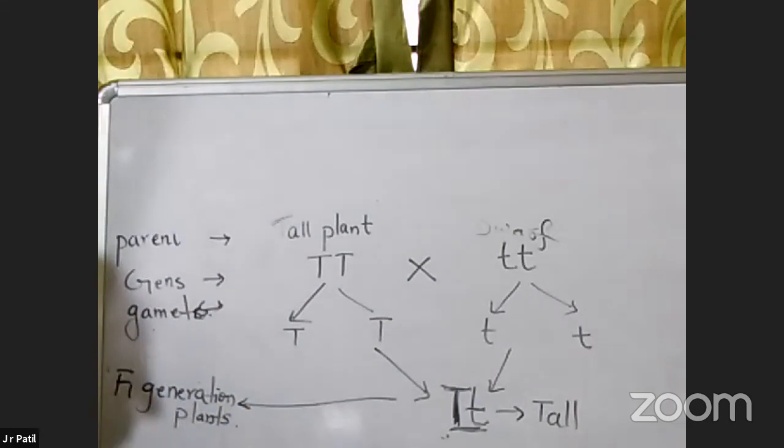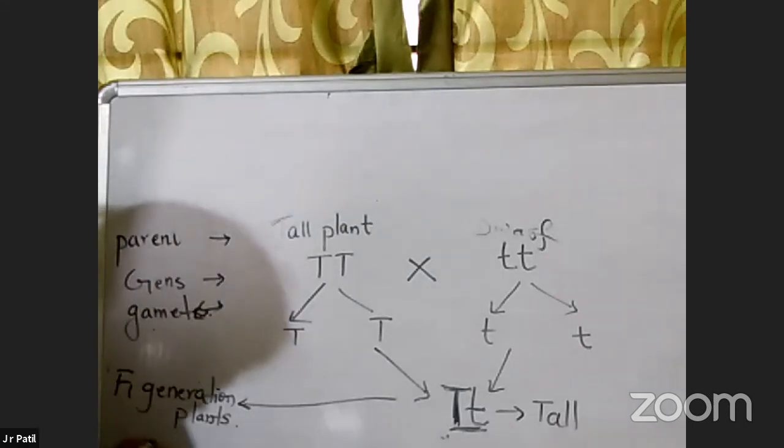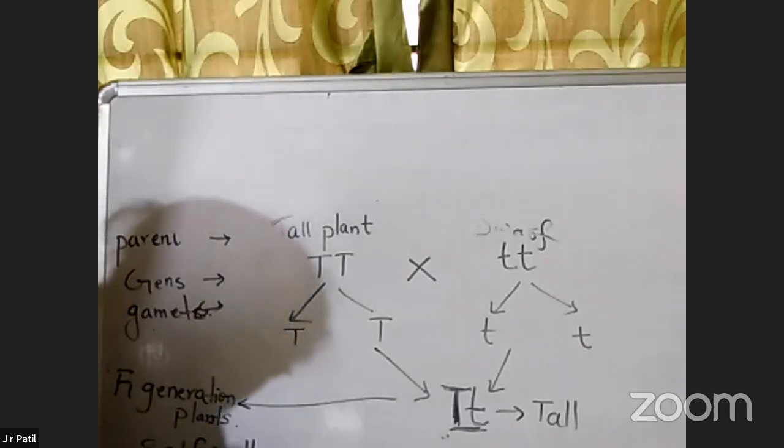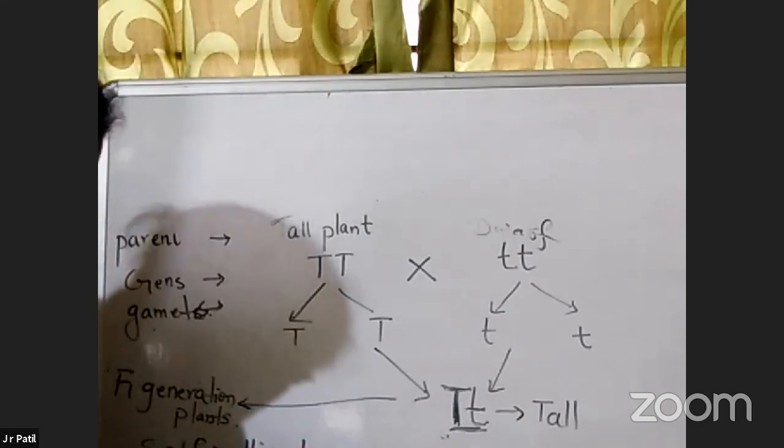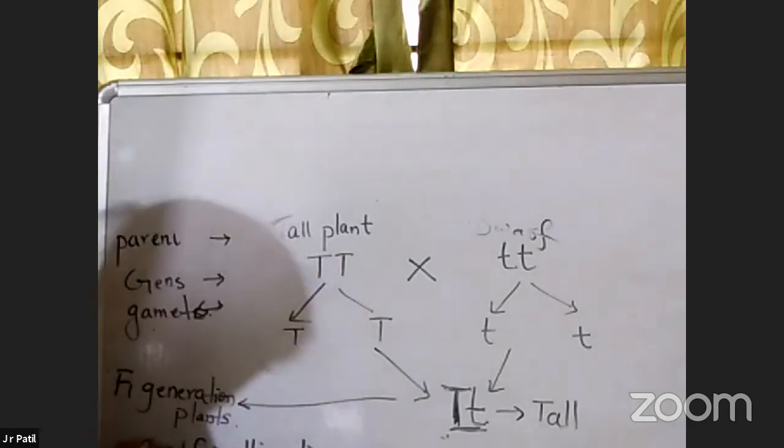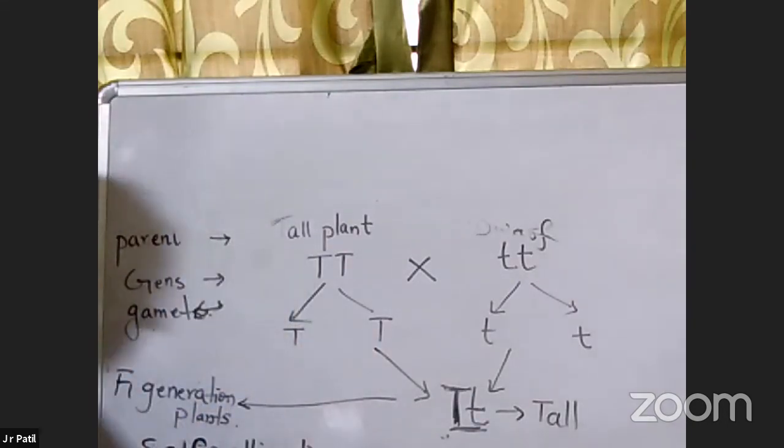Then what does he do with the new plants? He leaves them for self-pollination. What is he doing? He is leaving the F1 generation plants for self-pollination. Okay?